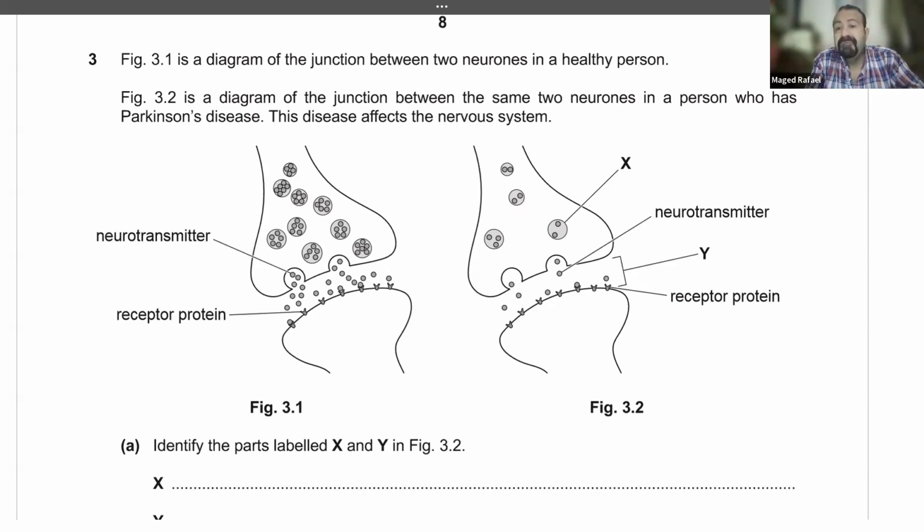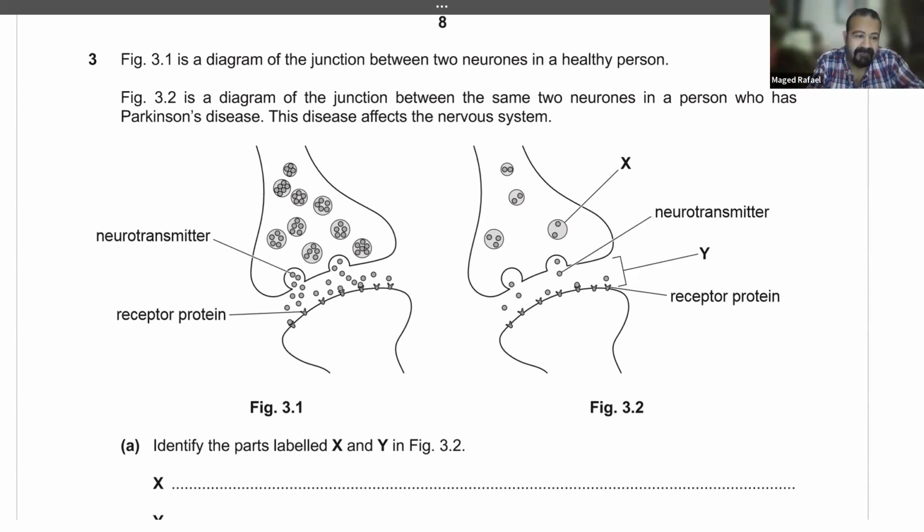If I have few vesicles, if I have few neurotransmitters, this means, talk about the mechanism, fewer neurotransmitters will diffuse to the synaptic area, and fewer will bind to the receptor protein, so it will not help in the transmission of signals.